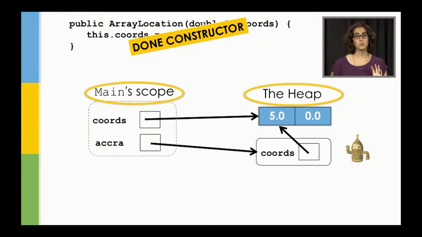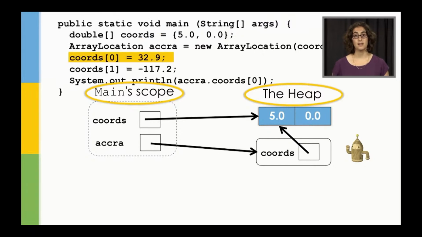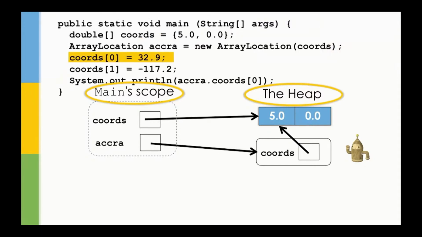Okay, so we finished our constructor. Our memory model is now a little bit cleaner, and we have in main's scope a couple of variables, and they point to a couple of things in the heap. And so now let's think about what happens as we continue executing the main method. So we go ahead and set the value at the first position in the coords array, at index 0, and we're setting it to 32.9.